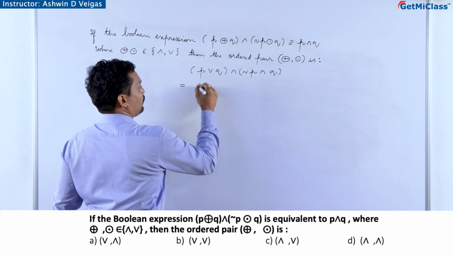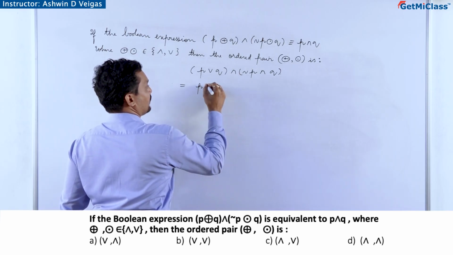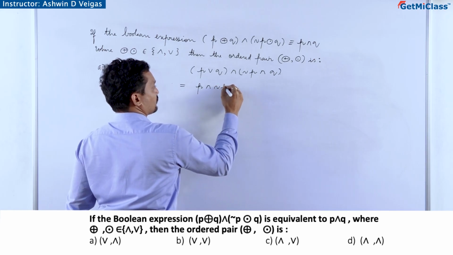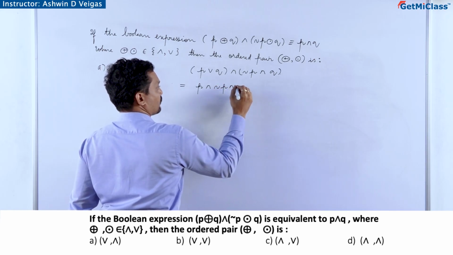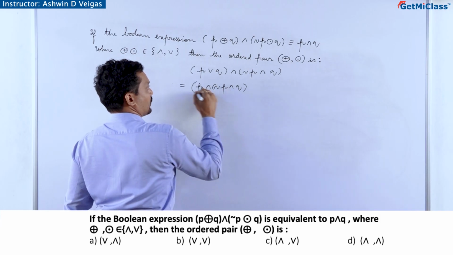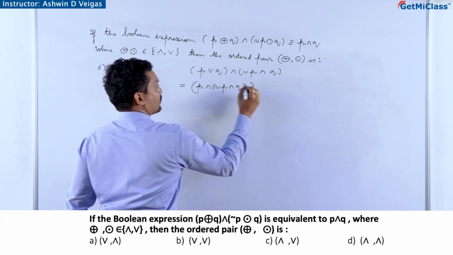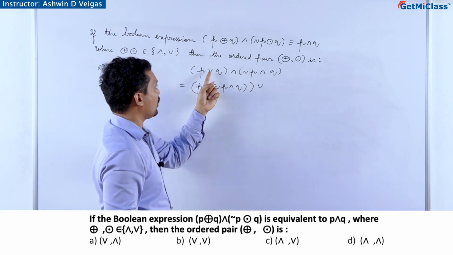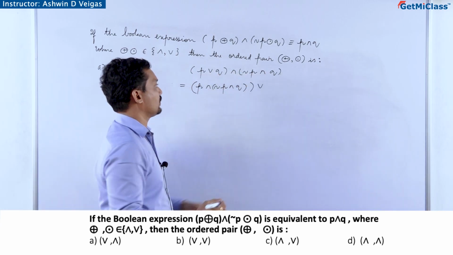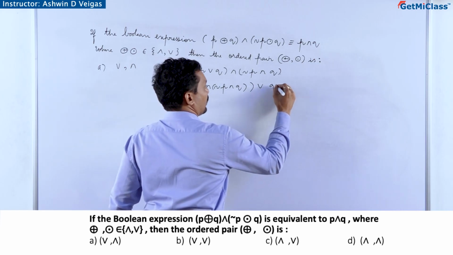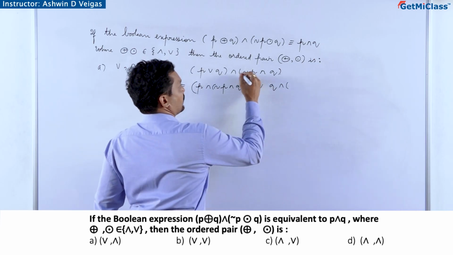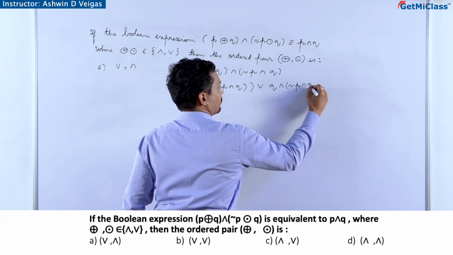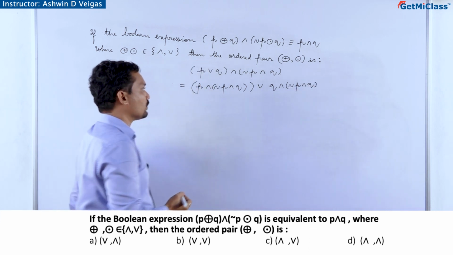So this is P and negation of P and Q, or Q and negation of P and Q. So, it comes like this.